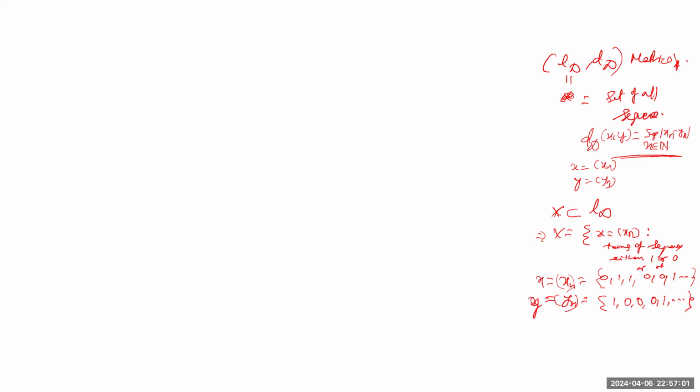So now, when it is a subset, there is a metric. What is that metric? That is the induced metric on X due to this d infinity, right?